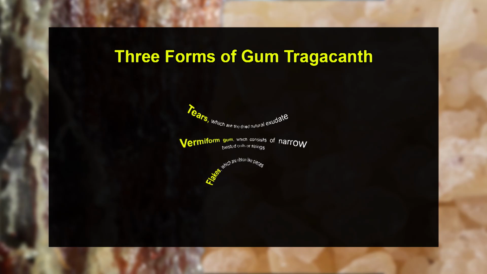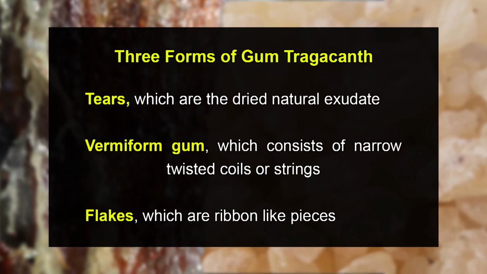It reaches the market in one of three forms: tears, which are the dried natural exudate; vermiform gum, which consists of narrow twisted coils or strings; and flakes, which are ribbon-like pieces. Most of the commercial supply originates in Iran and Turkey.